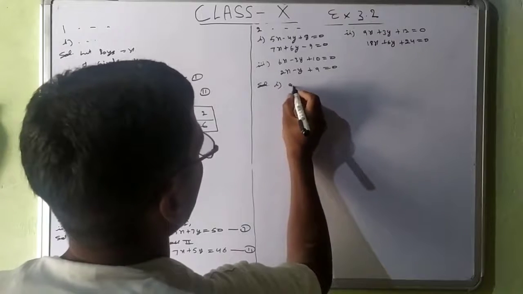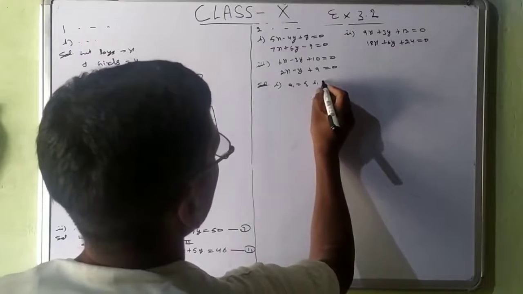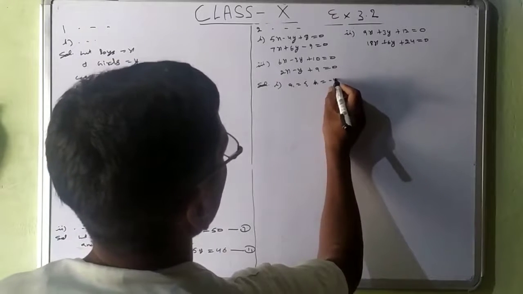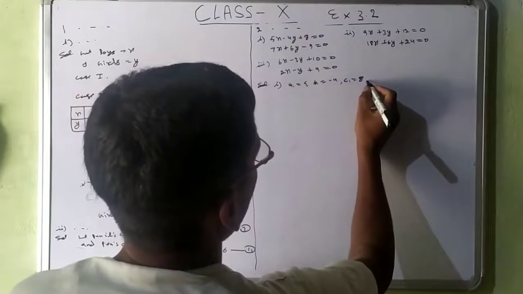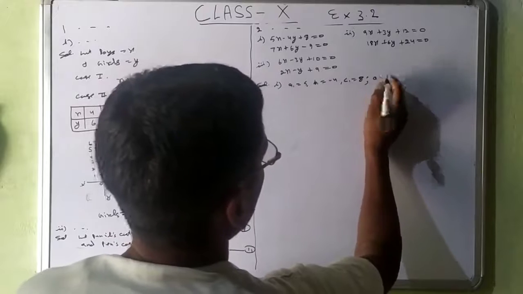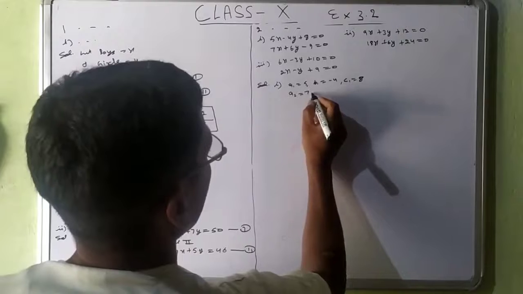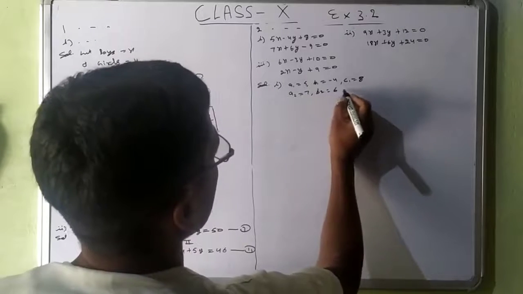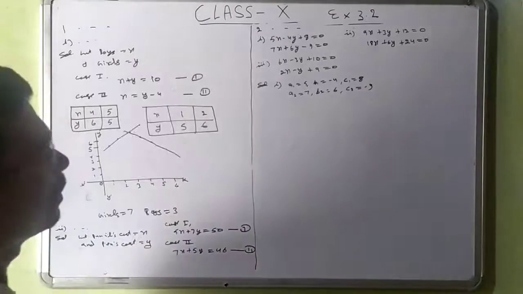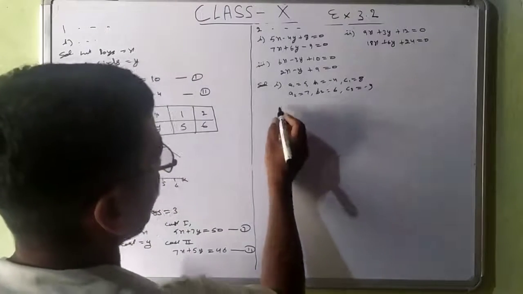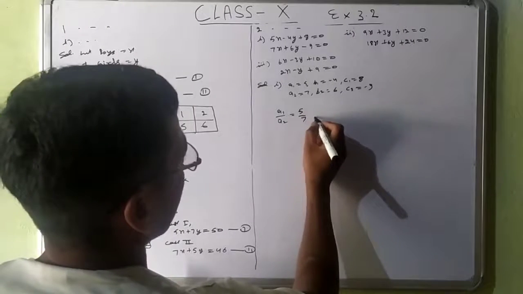So first part: A1 is equal to 5, B1 is equal to -4, C1 is equal to 8. Similarly, see here, A2 is equal to 7, B2 is equal to 6, C2 is equal to -9. Now, A1 upon A2 is equal to 5 upon 7.